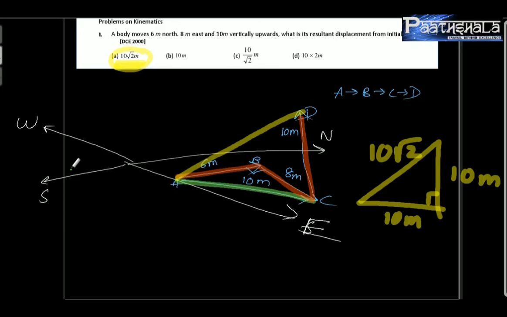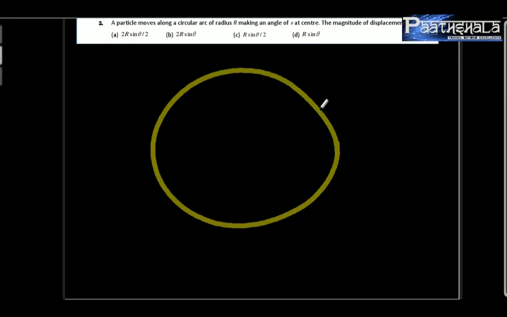Shall I move on to the next question? Okay, a particle is moving along the circular arc of a circle. This is a circle, and the particle is moving along the arc of a circle like this.